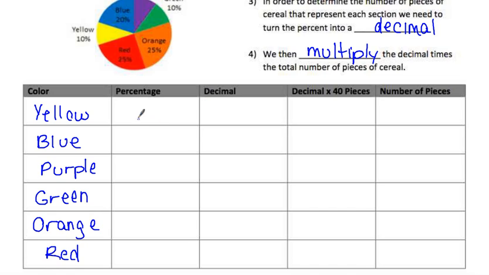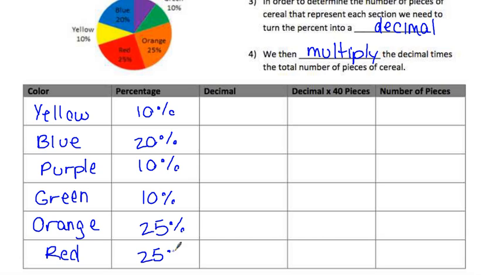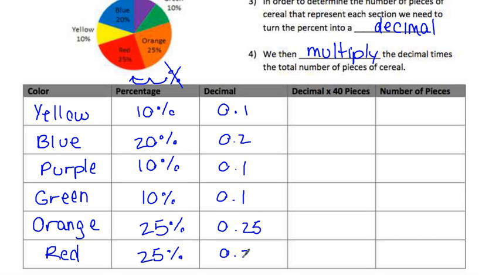So yellow is 10%, blue is 20%, purple is 10, green is 10, orange is 25, and red is 25. Turn the percents to decimals. This is if I move the decimal point away from the percent sign twice. Cancel the percent sign. So this becomes 0.1, this becomes 0.2, 0.1, 0.1, 0.25, 0.25.